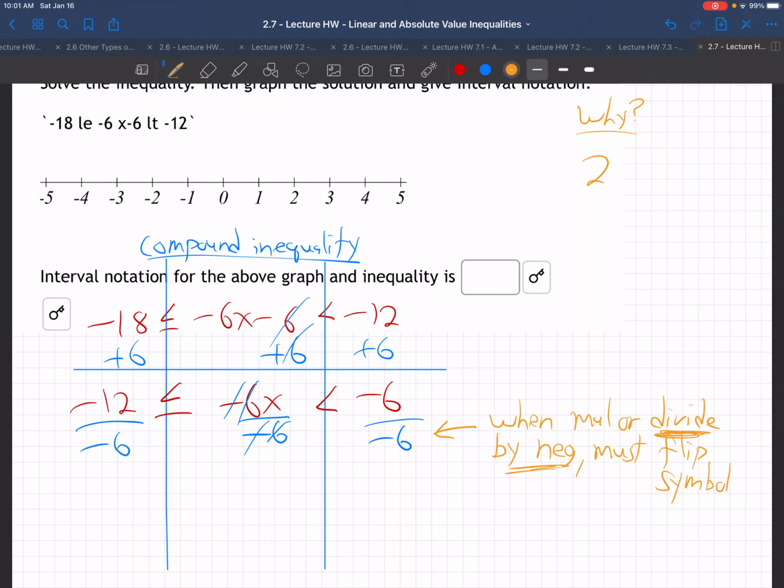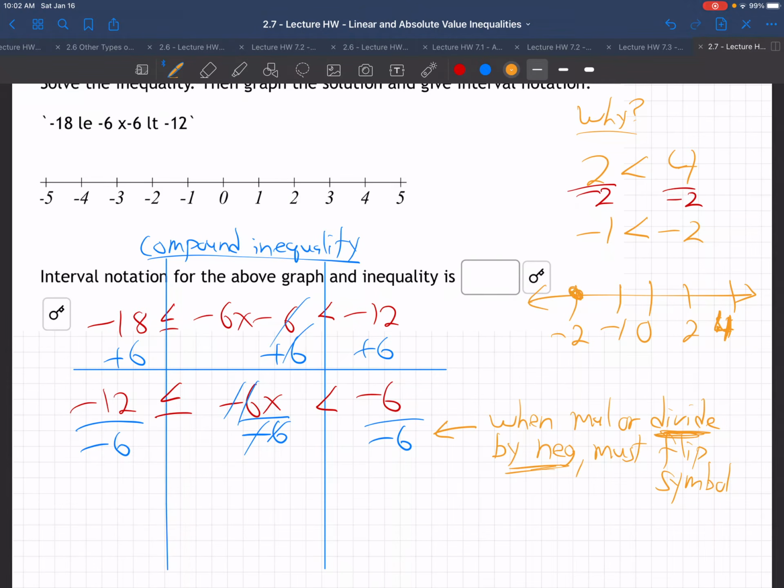Like if you have 2 is less than 4. If you look at a number line, that's clearly a true statement. Here's 2, here's 4. 2 is clearly less than 4. So if I divide both sides by, let's say, negative 1, or any negative, what's that going to be? Negative 2 is less than negative 4, hmm, let me check with the number line: which one's really less?